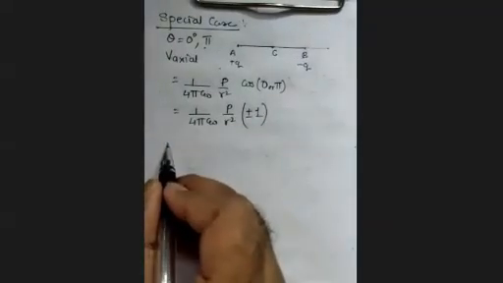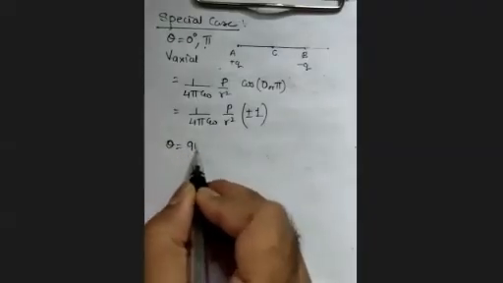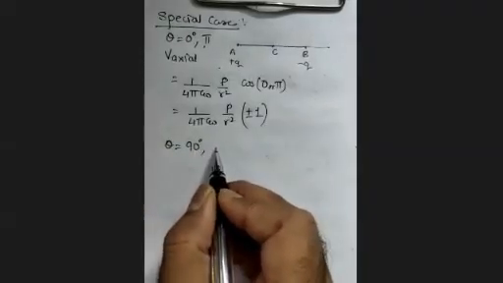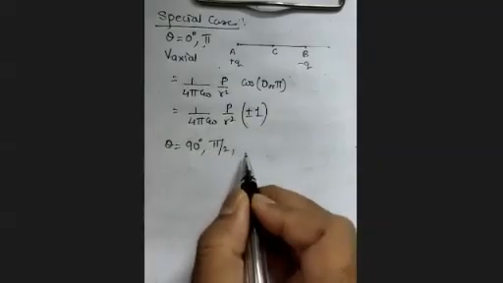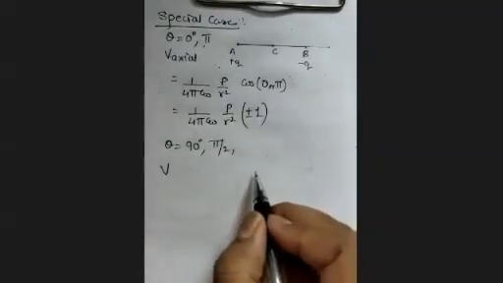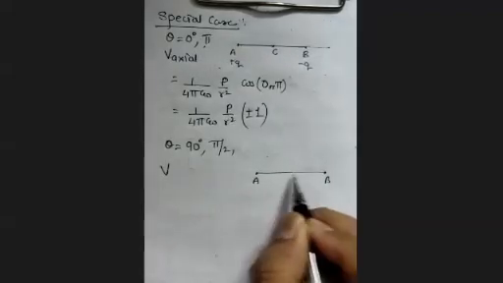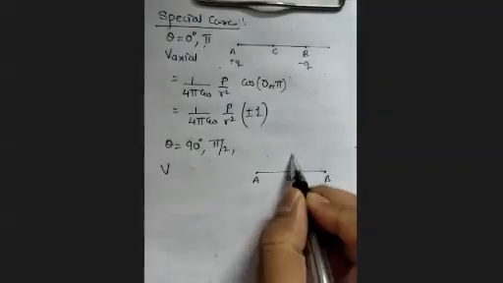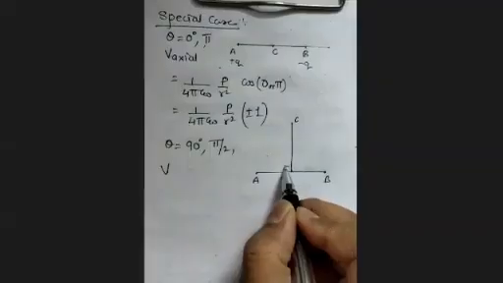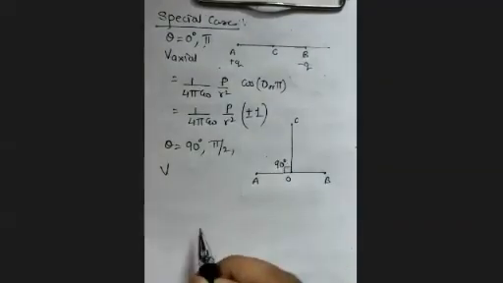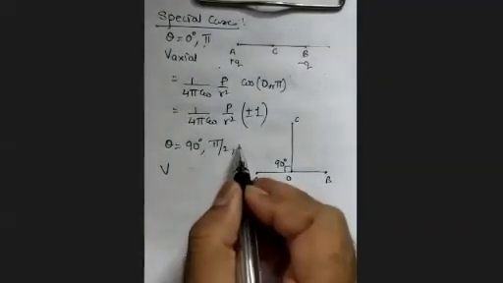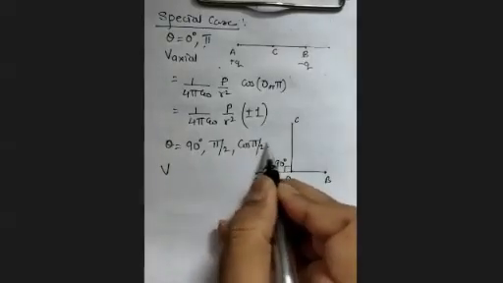But if we say theta is equal to 90 degrees, 90 means pi by 2, so that means we are talking about A, B, and the center O, with C here and this angle theta being 90 degrees. And we all know that cos 90 is 0.